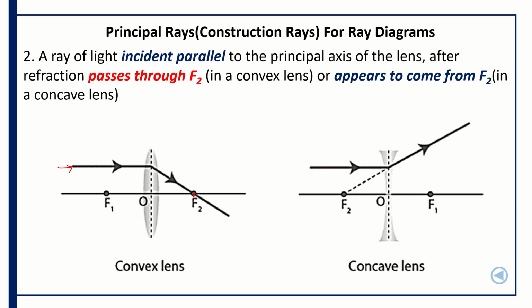Because it is lying on the principal axis, we call this the principal focus, and it is on the other side of the lens, so it is the secondary principal focus.